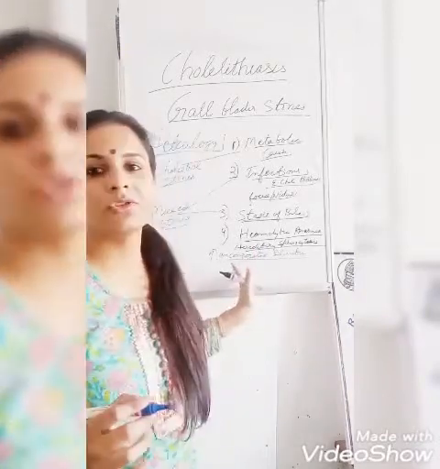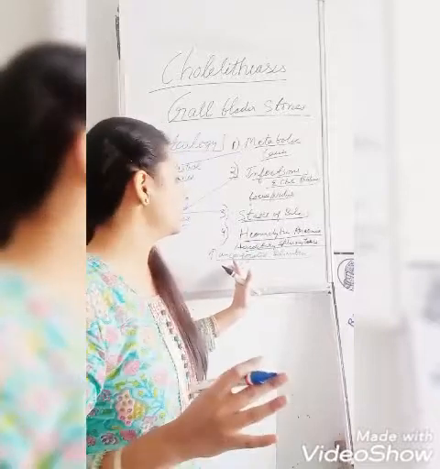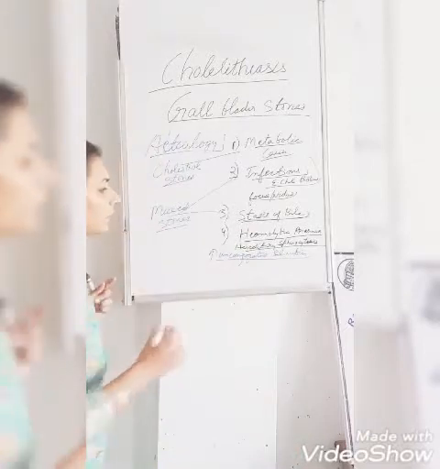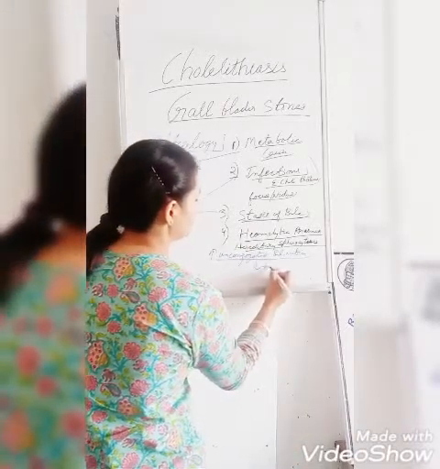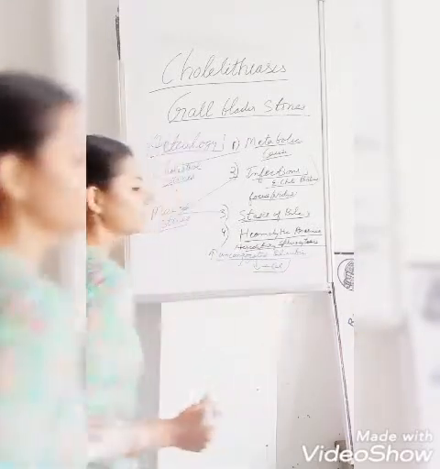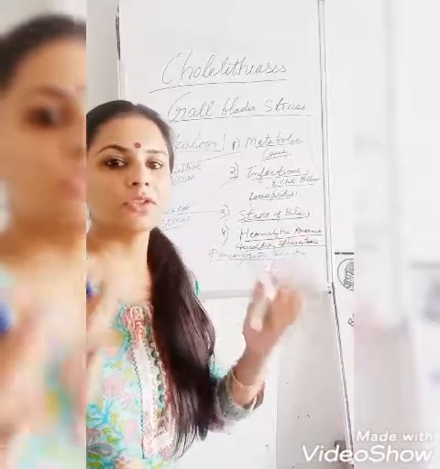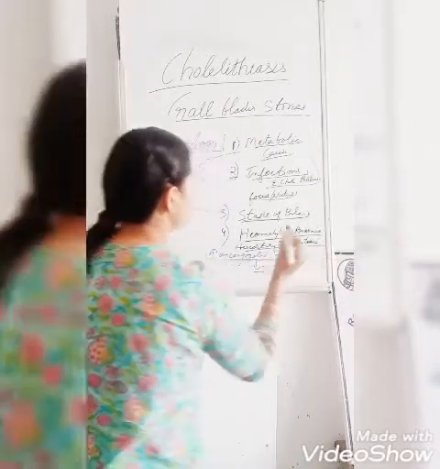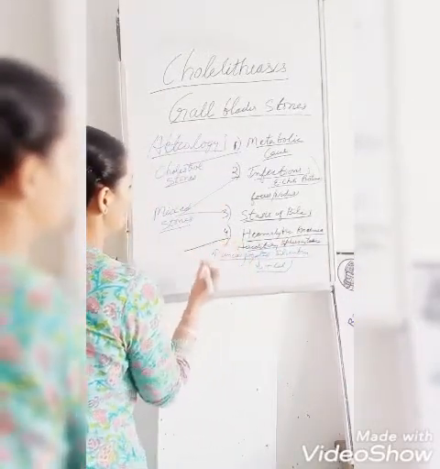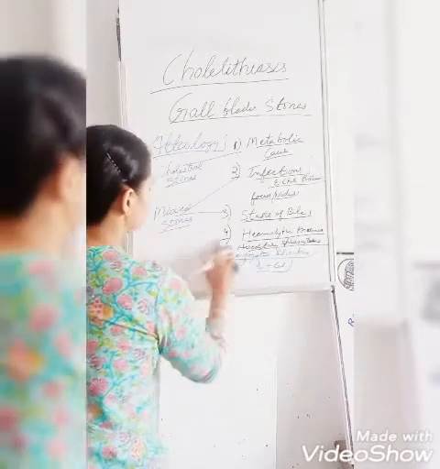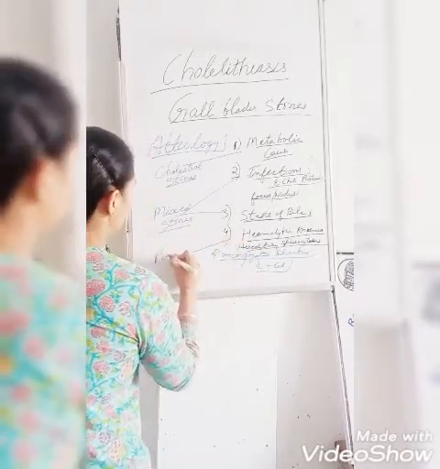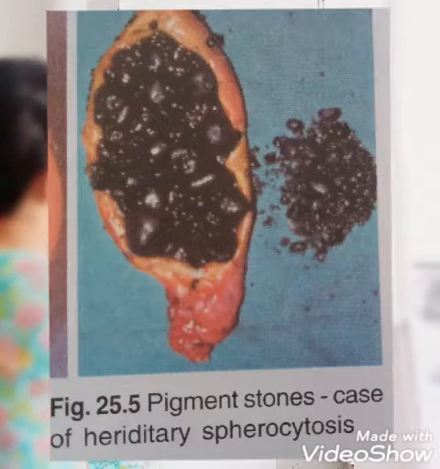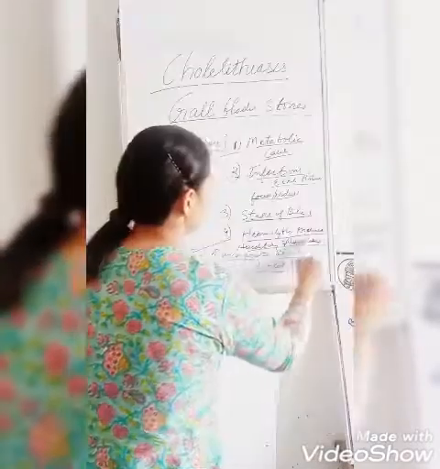This excess unconjugated bilirubin will combine with calcium to form calcium bilirubinate stones. These are pigment stones. So hemolytic anemia, hereditary spherocytosis, or sickle cell anemia leads to the formation of pigment stones. These pigment stones are black in color because of the hemolysis, the breakdown of the RBCs.